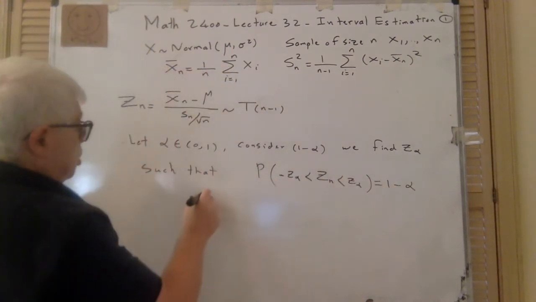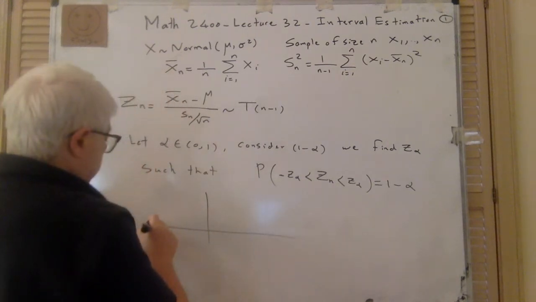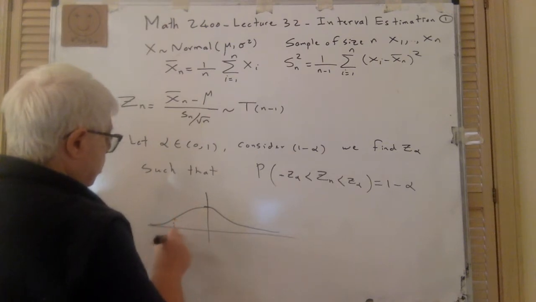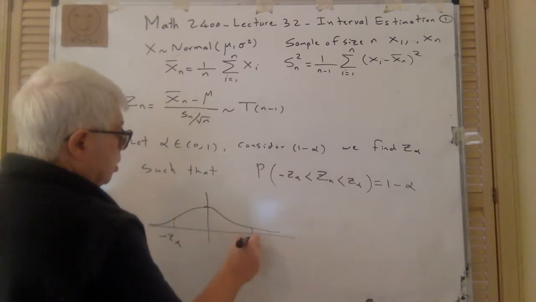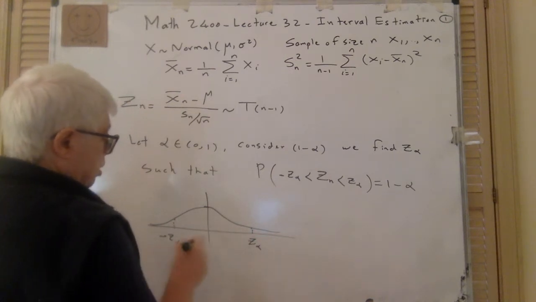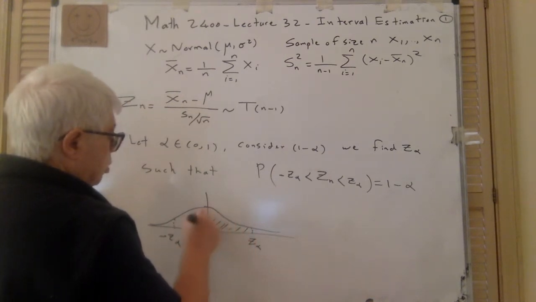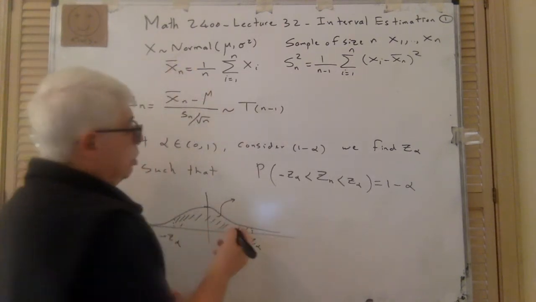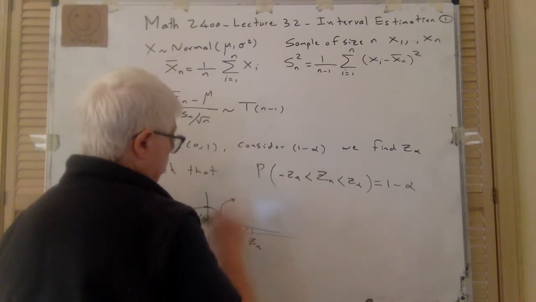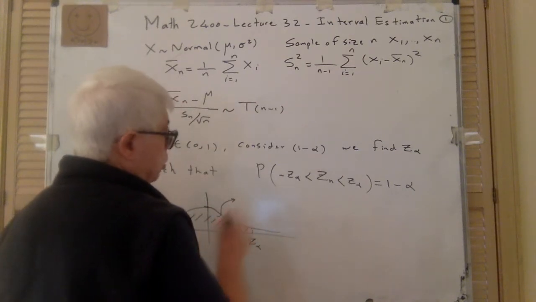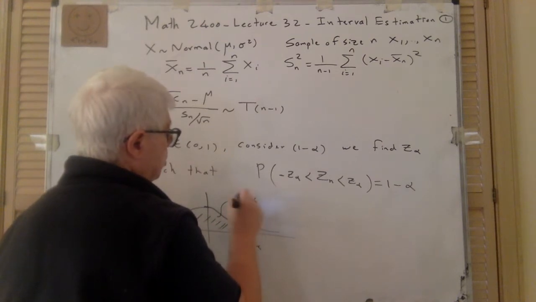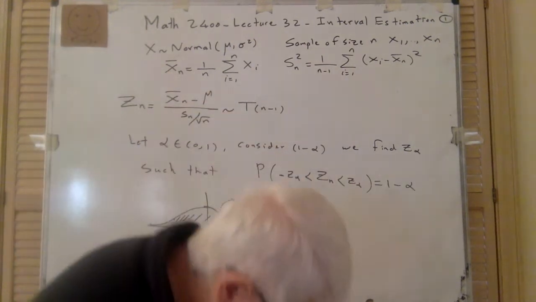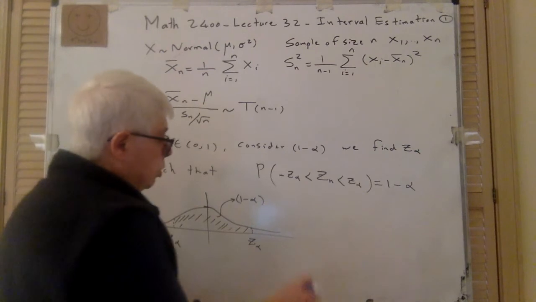So let's look at the picture. The picture is much better to look at. So we have minus Z alpha here, and Z alpha here, and we want to find this. It's not that hard. It's in fact the inverse. We want this area to be 1 minus alpha, which means that this area on the right is alpha over 2.